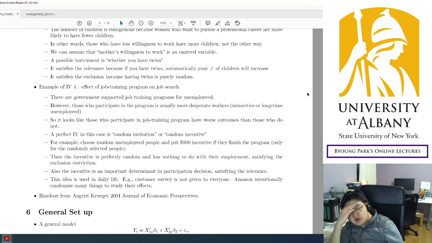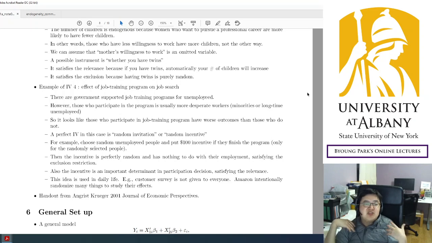But the problem here is that there are two different ways of correlation. First, those who participate in the job training program can be someone who is desperate, right? For example, suppose I lose a job tomorrow, I think I would not participate in that job training program because I know that I can find another job easily, right?